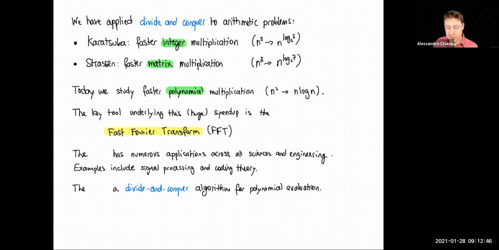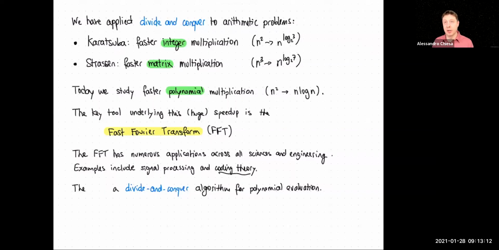And indeed, because of that, the FFT has numerous applications across pretty much all sciences and engineering. Recurring applications involve signal processing, for example, switching between the frequency domain and the regular domain, and also coding theory.